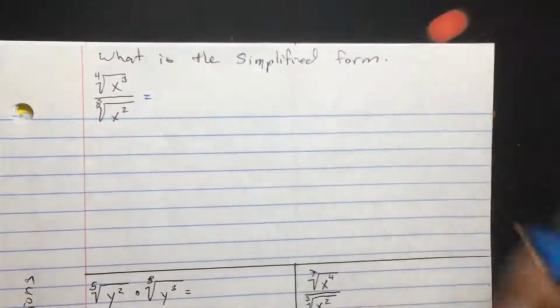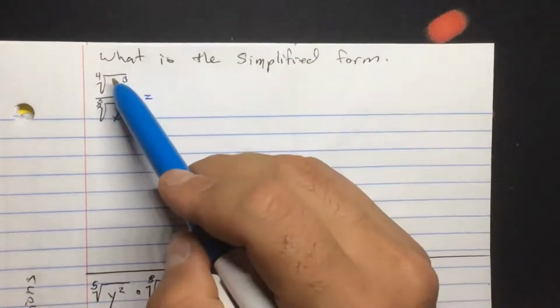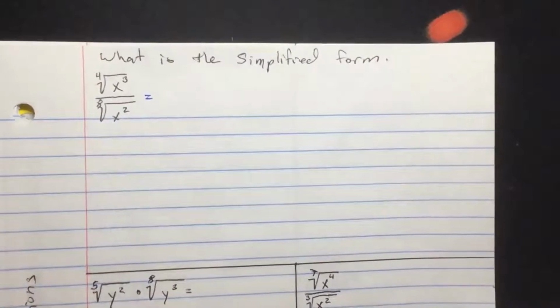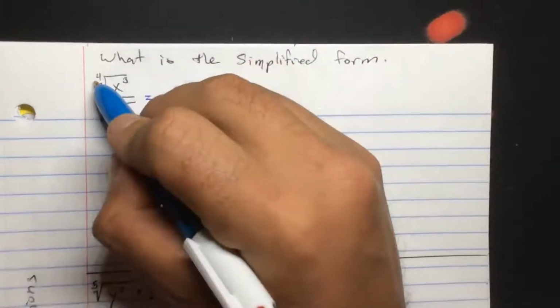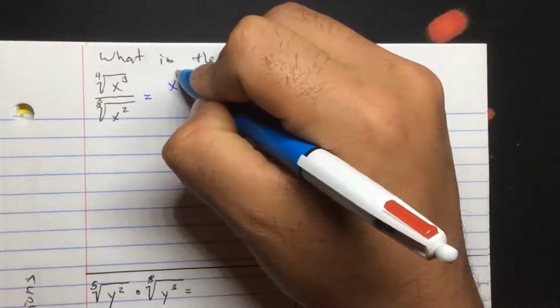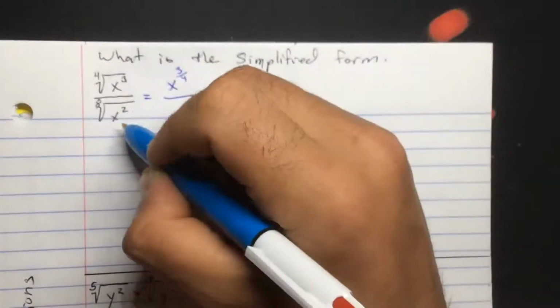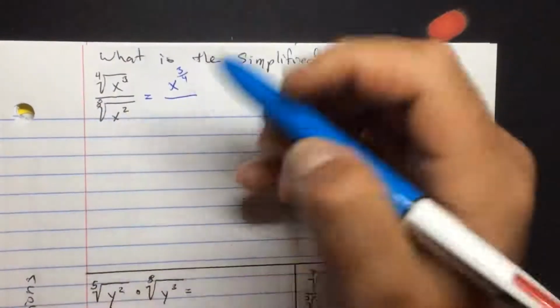So this is what we're going to do. We know we can change these from radical form to exponential form. We know that this is our power of m, and this is our nth root, so we're going to change this to x to the 3 over 4, and we're going to change this one. Once again, we have an nth root and a power of m.